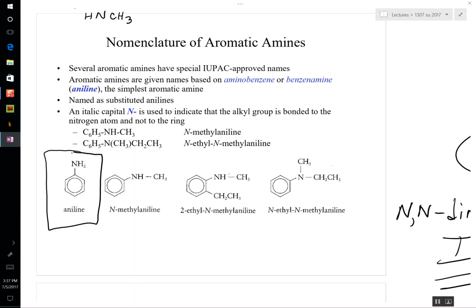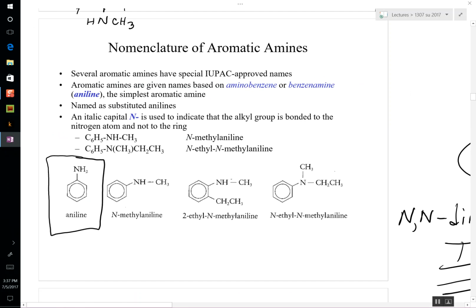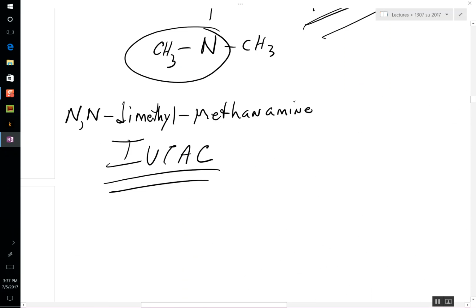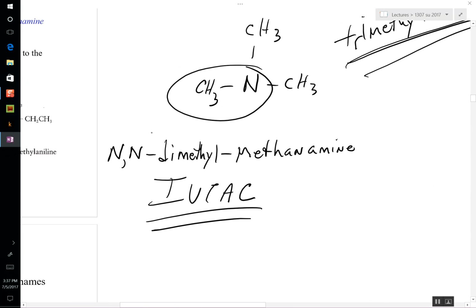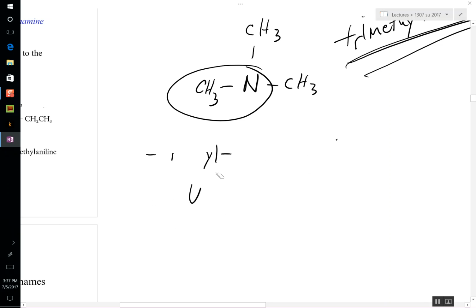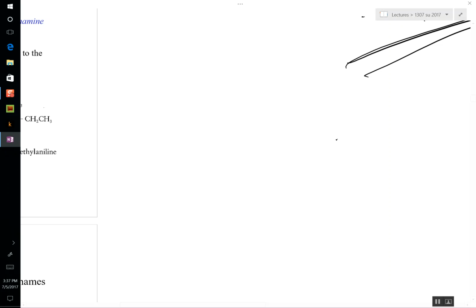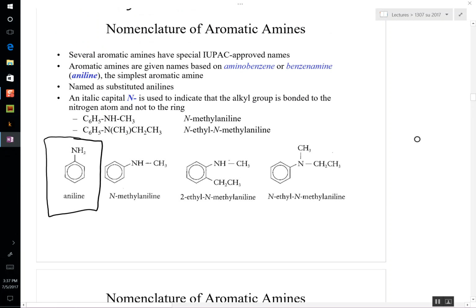We're going to work off of aniline and see how we would name some derivatives of aniline. So this is aniline.